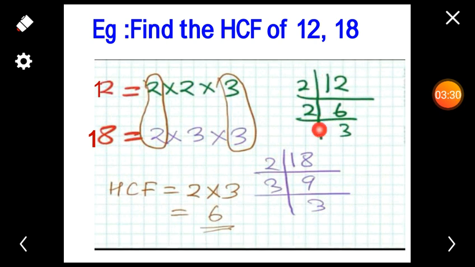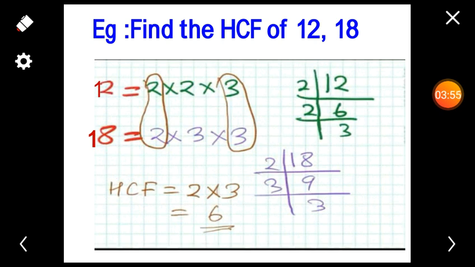Using the division method, we can find the prime factors of 12 as 2, 2, 3 and of 18 as 2, 3, 3. That is, 12 is equal to 2 into 2 into 3 and 18 is equal to 2 into 3 into 3. So, these are the prime factors of 12 and 18.